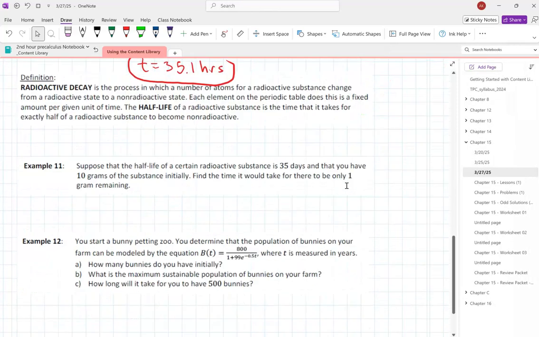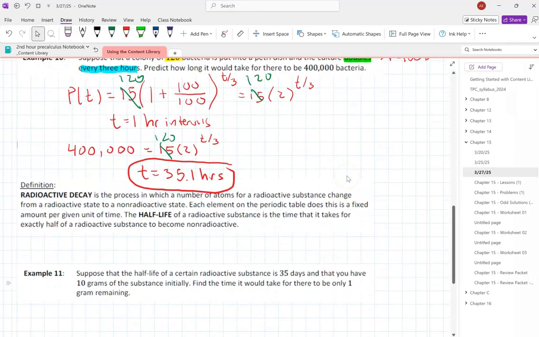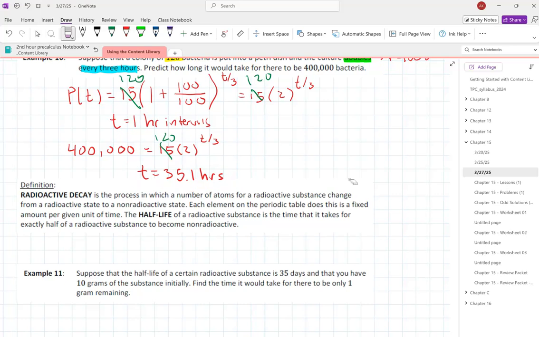All right. I have one more kind of situation to deal with. This situation is called radioactive decay. Those of you that have been in a chemistry class or an earth science class are probably familiar with this concept. The idea is that the atoms in a radioactive substance change from a radioactive element to a less or not radioactive at all element by ejecting some particles over some unit of time.